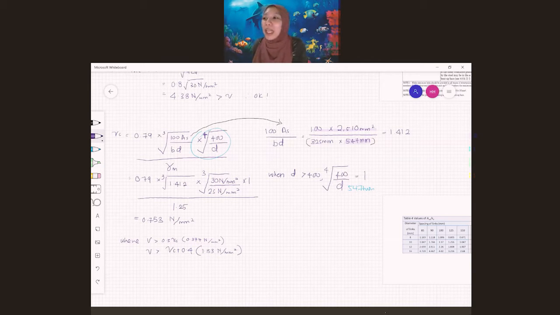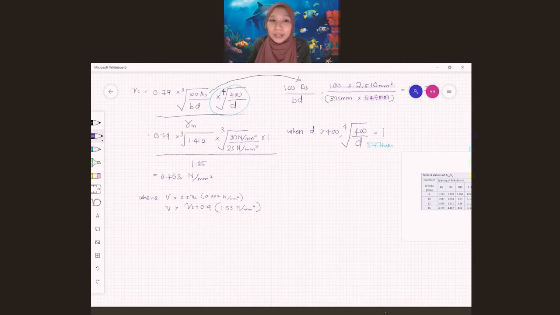Okay, which example lah yang ada 2 kali kita kena kira design nominal link and also design link. And to do that, because sekarang ni yang kita dapat first is V is less than VC plus 0.4. Okay, ni untuk nominal link. Nominal link dia akan macam agak dia less lah.